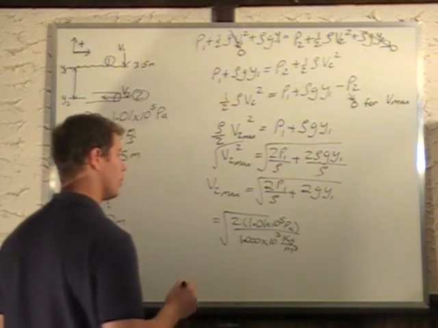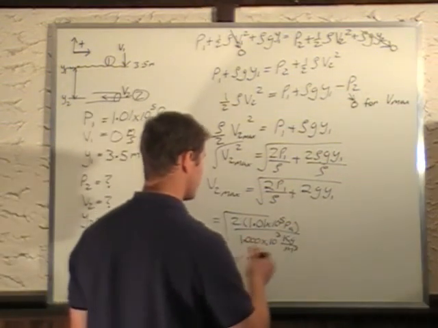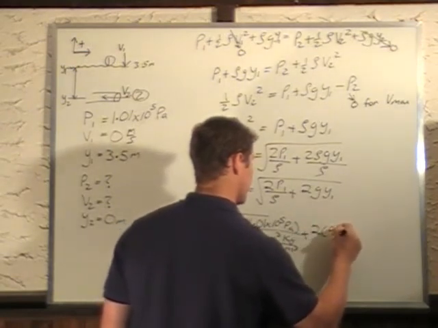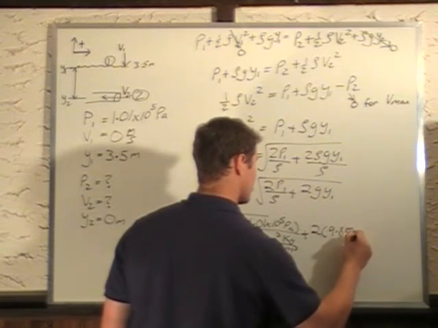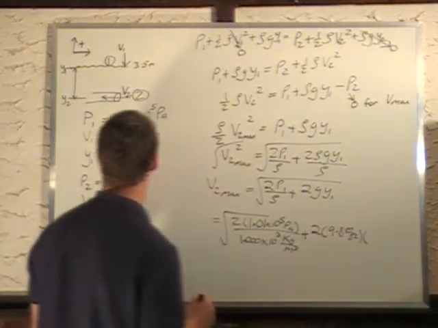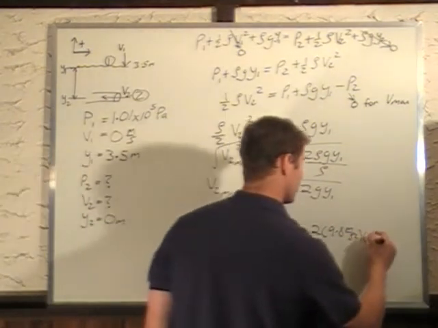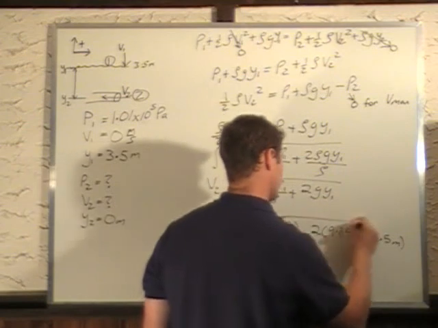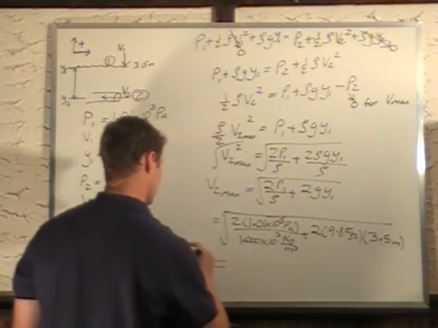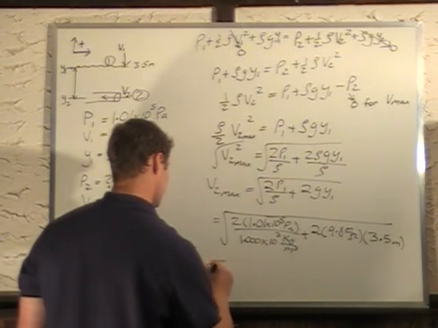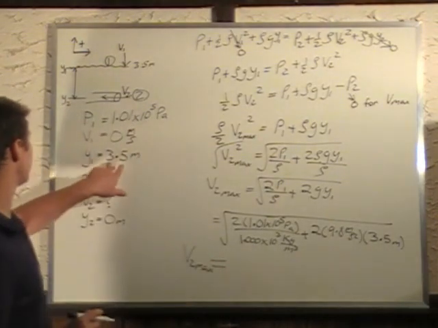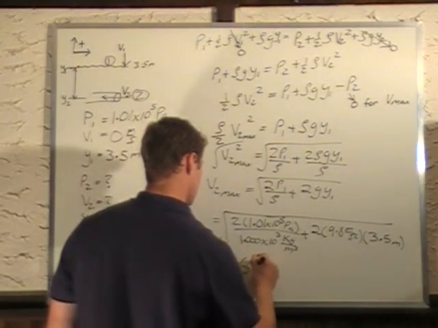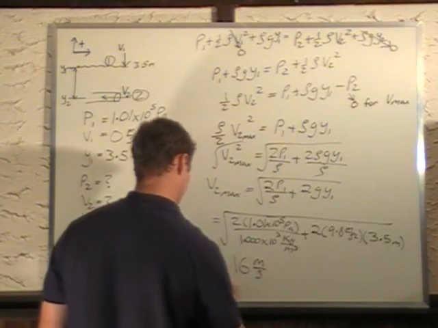That's our constant for rho of water, 1,000 kilograms per meter cubed, plus 2 times G of 9.8 meters per second squared, times Y1 of 3.5 meters. That's all under the square root sign. If we plug that into our calculator, we get a V2 max, and rounding to 2 significant digits, because that's what we're given here, 3.5, is 16 meters per second. Final answer.